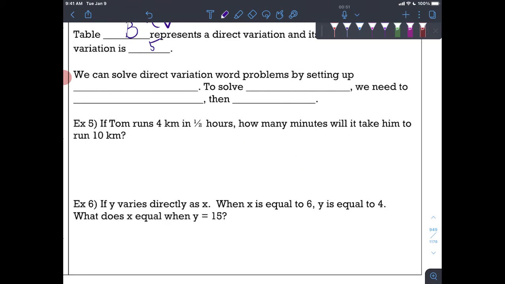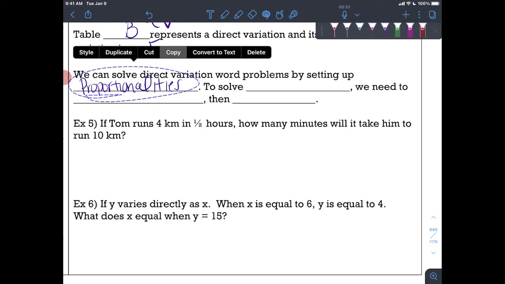All right. So we can solve direct variation word problems by setting up proportionalities.